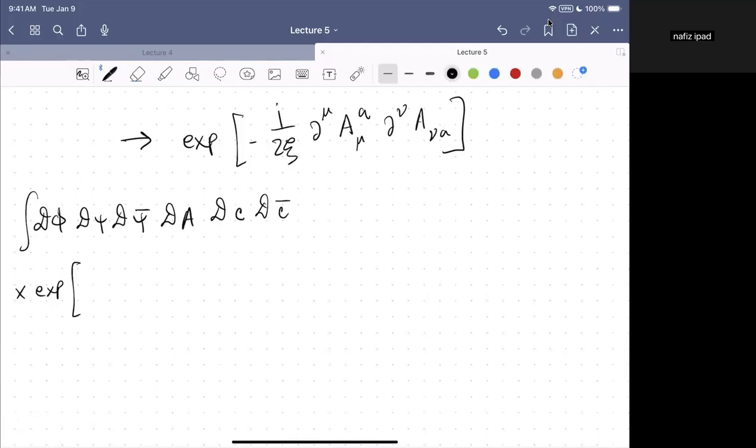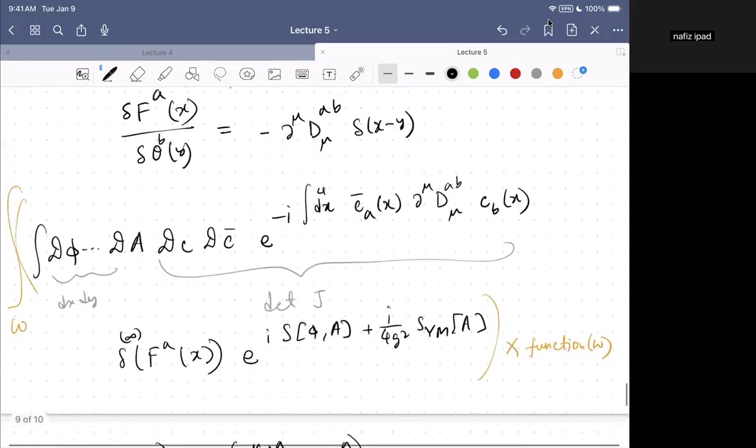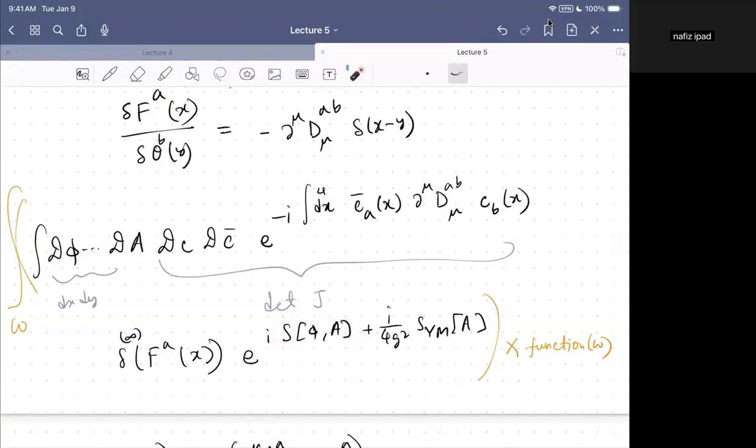So now let me break down the actions a bit as well. So let me first break down this part.